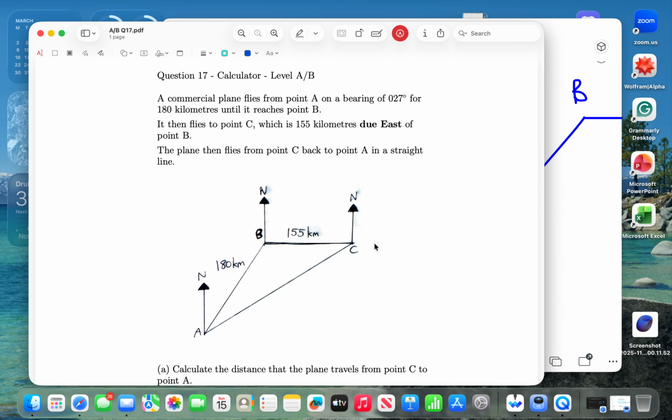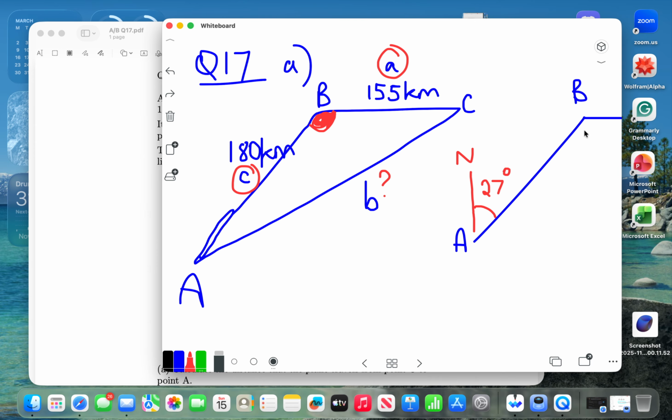And B going to C, it says it's due east. Because it's due east, the line B to C will be horizontal. If we continued our north line and drew a line perpendicular to that, it's going due east.